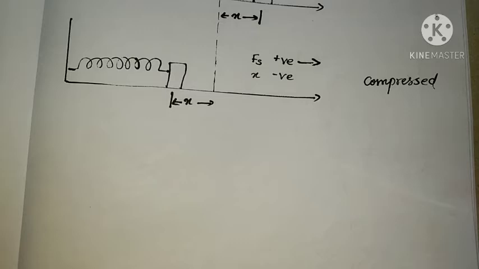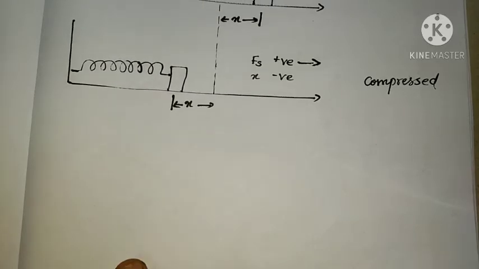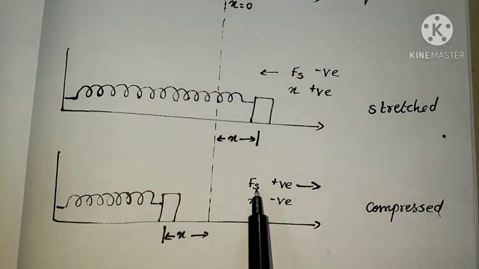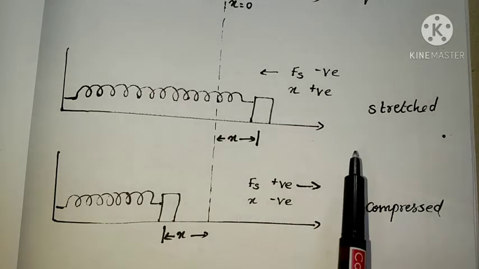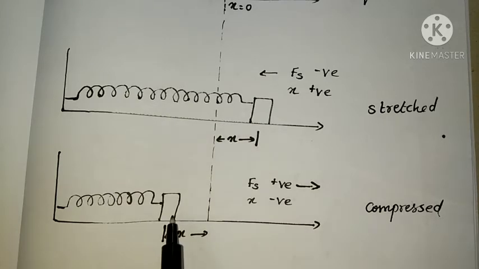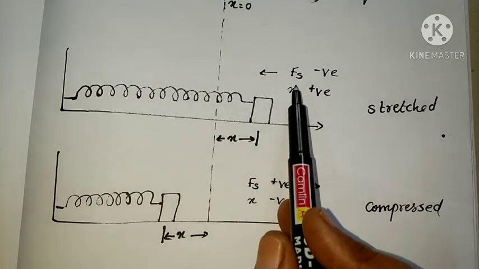According to Hooke's law, we can write that Fs is proportional to the displacement. Fs is equal and opposite to the applied force. As the applied force increases, x also increases, whether it is an extension or a compression. So the applied force is equal and opposite to this Fs.